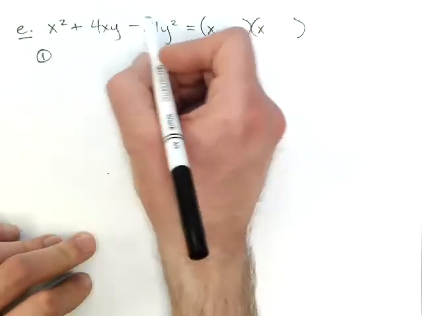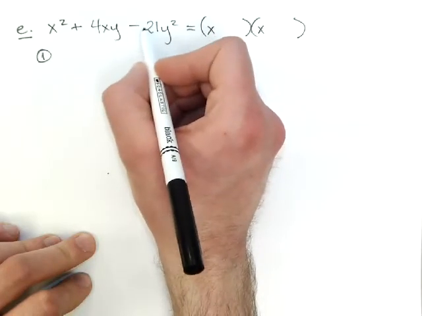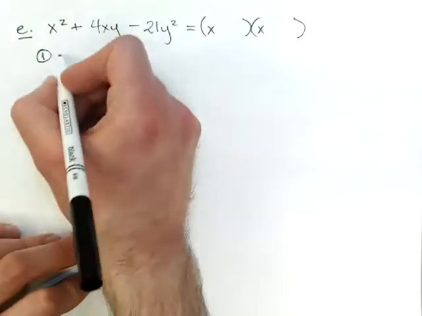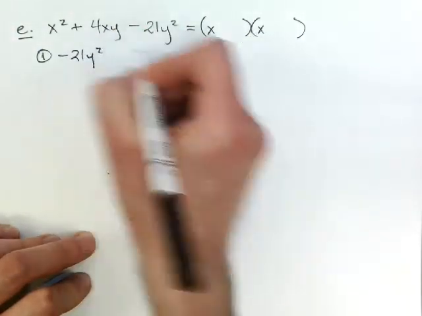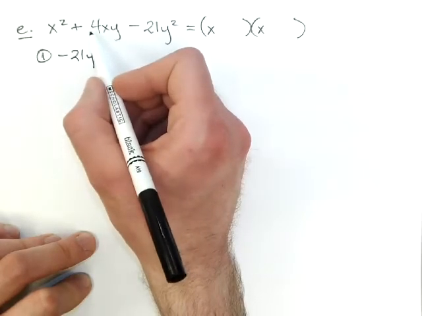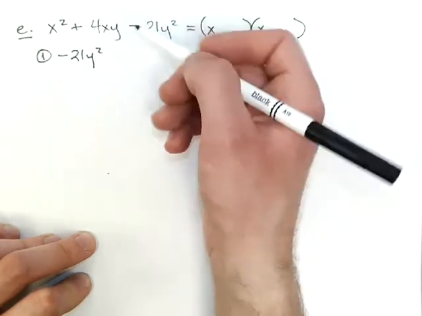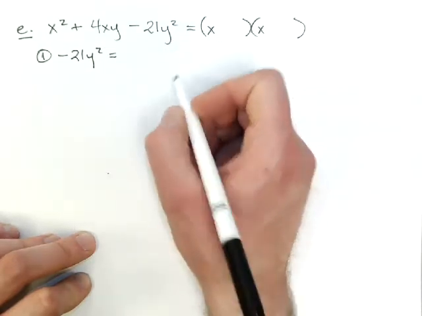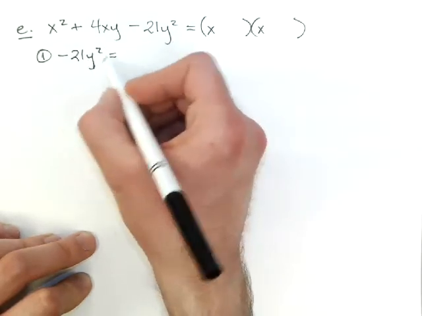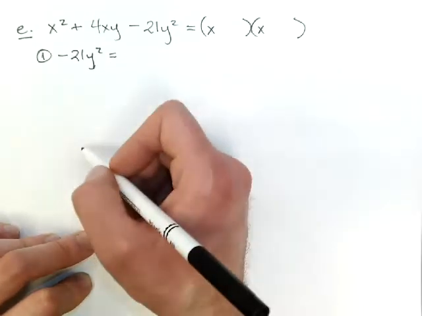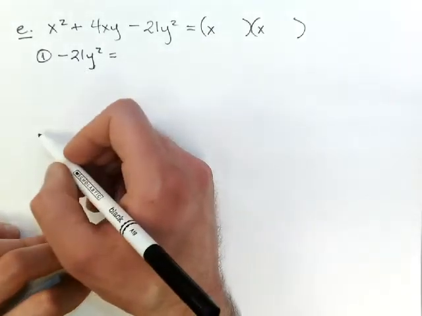Notice the last term is negative. So one of our factors of minus 21y squared must be negative, but the middle term is positive, so the positive factor has to be bigger than the negative factor. With each factor, I'm just going to put a y with it, because y squared splits into y times y. That will make it a lot easier for us.